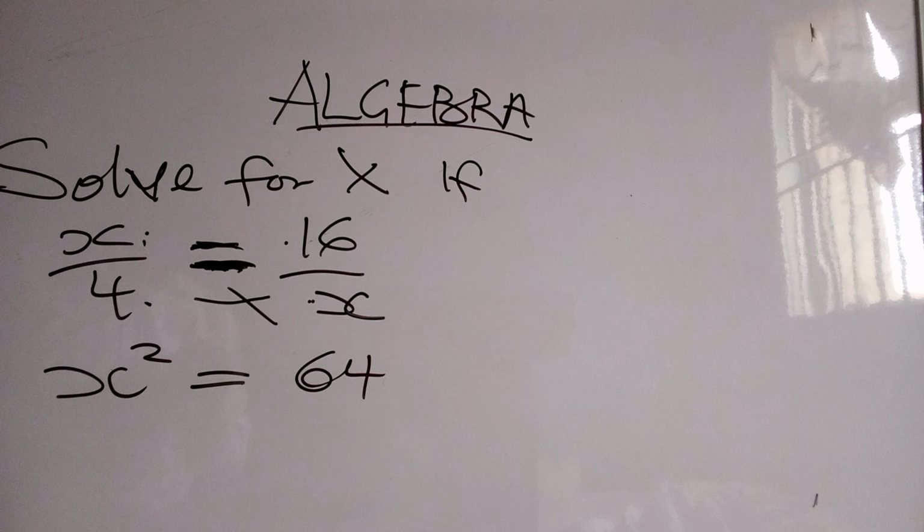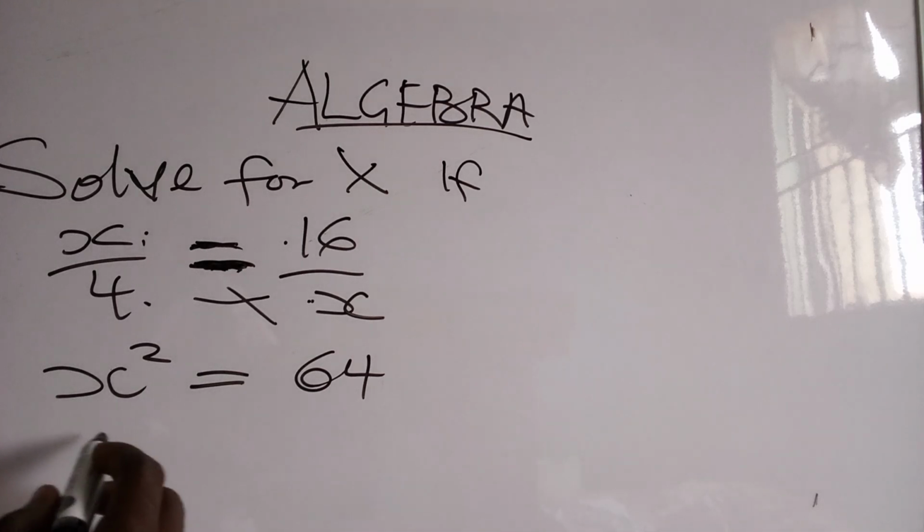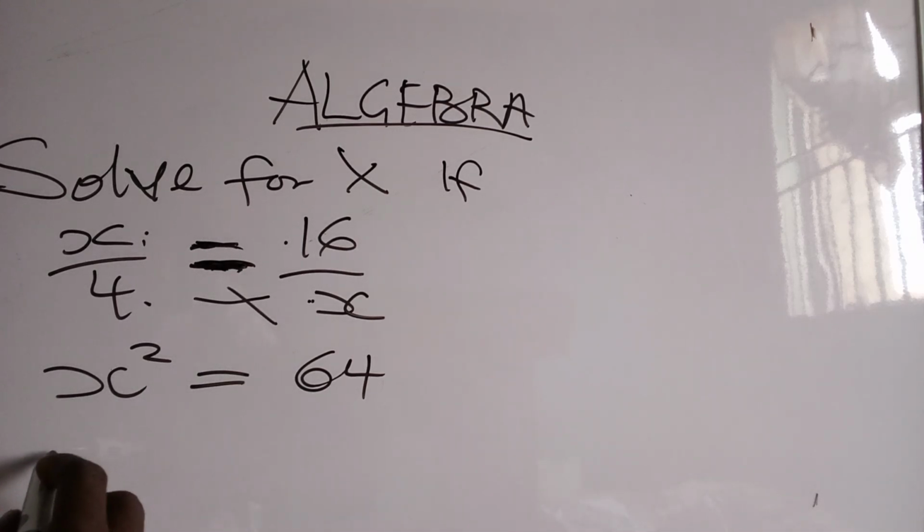Here we have x squared equals 64, and we are looking for the value of x. So for us to get the value of x, we need to find the square root of both sides.